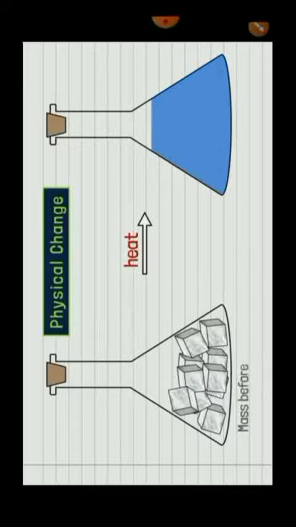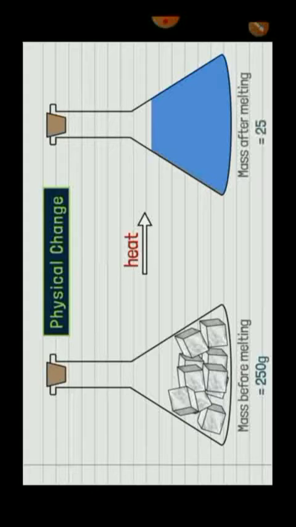Means the mass before melting and after melting is 250 gram. Means the mass of reactant and product is the same. So mass is conserved.